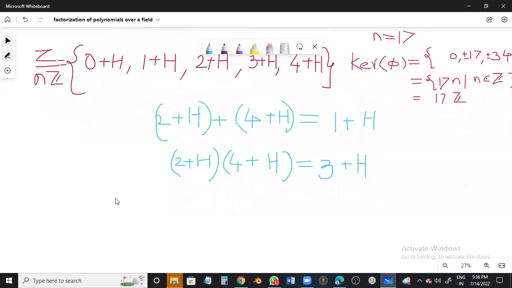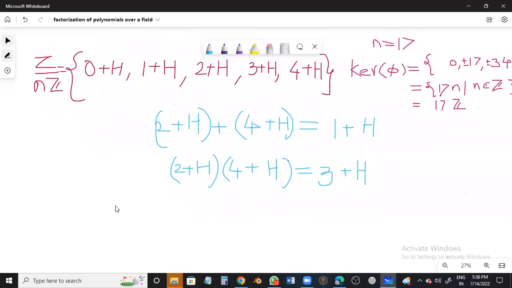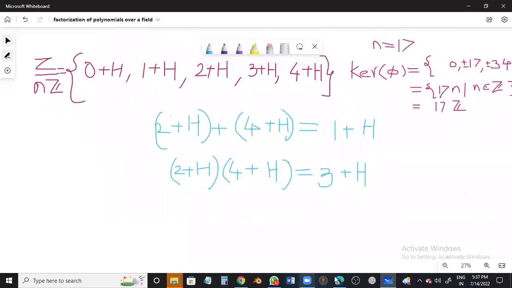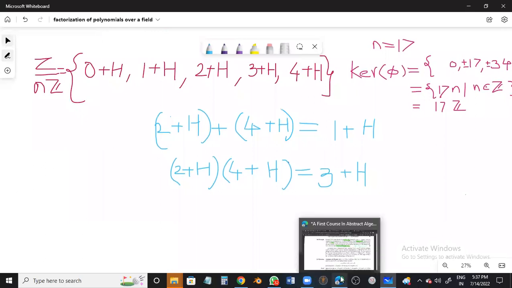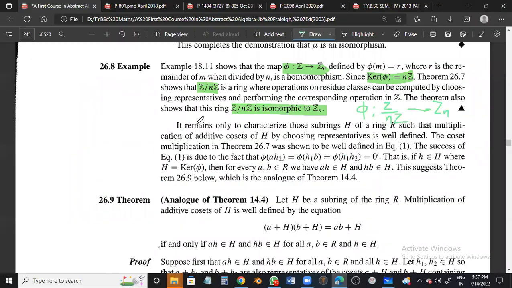Now your question says show that this is isomorphic to Zn. So how would you go for Zn? How would you define isomorphism? So they are saying that performing the corresponding operation in Z. Okay, the theorem also shows that this ring is isomorphic to Zn.